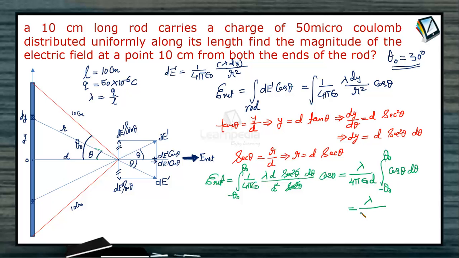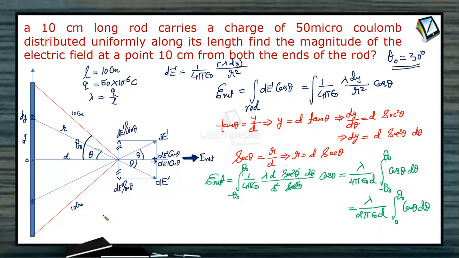So I am just making it 2 in place of 4. So 2 pi epsilon naught d, integral 0 to theta naught of cos theta d theta. Here I have multiplied it with 2 and changed the limit to 0 to theta naught.